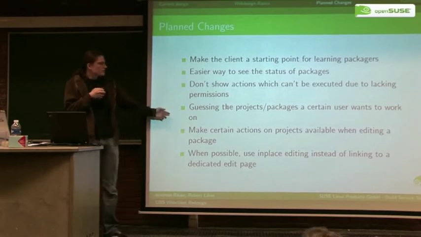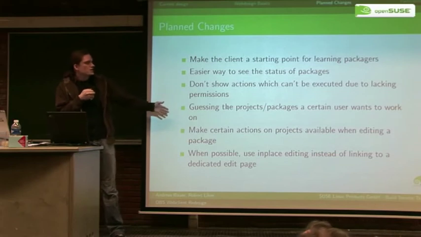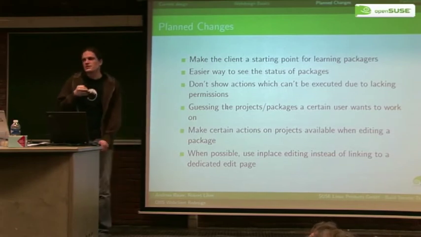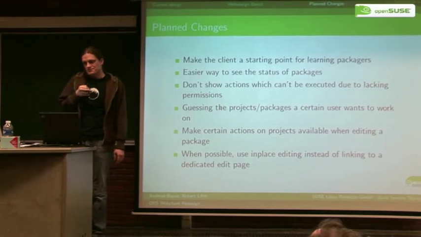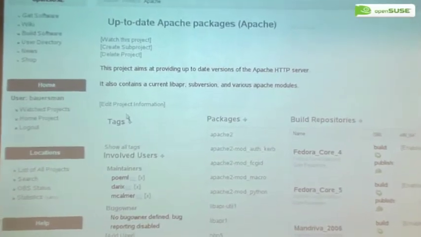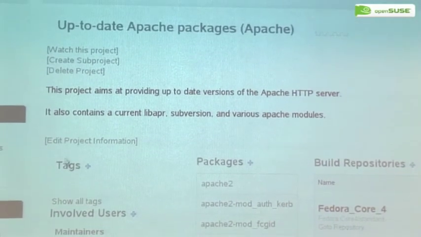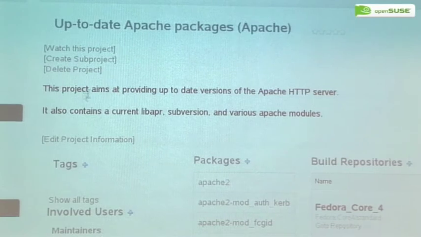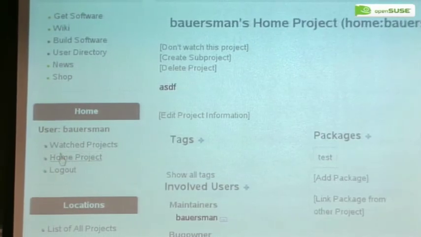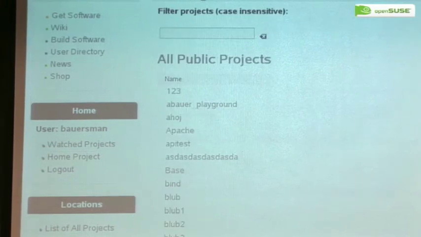Another thing is guessing the projects and packages a certain user wants to work on. Right now I have the ability to go directly to my home project, and I have the ability to see a list of all projects in the build service, and that's it.